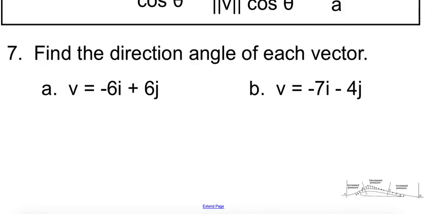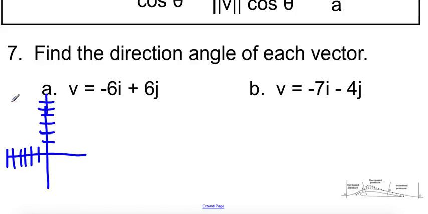Okay, so let me actually show you what that says. So we've got this vector, negative 6i plus 6j. Here's our horizontal component, and here's our vertical component. So this is what that vector looks like. If we want to find the directional angle, this theta here, we can just draw a triangle. The side is negative 6, and this is 6.